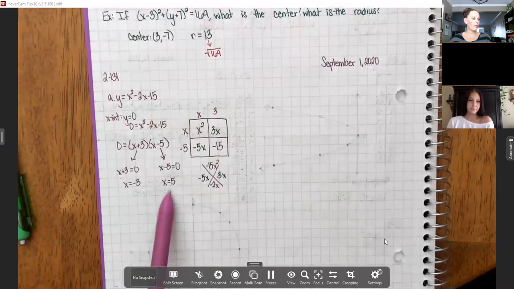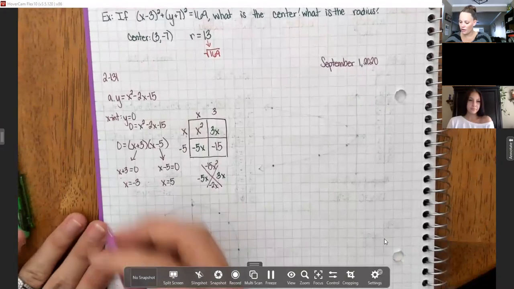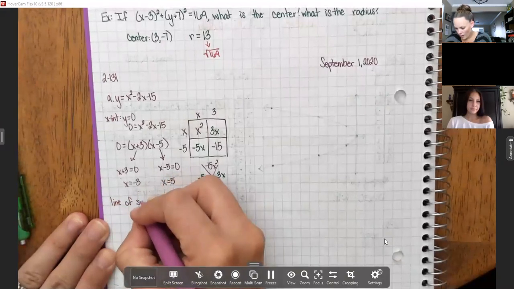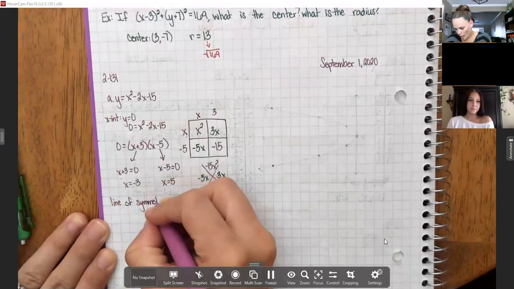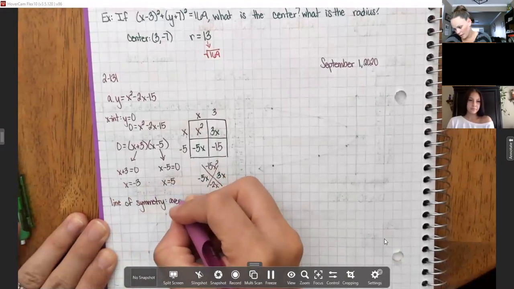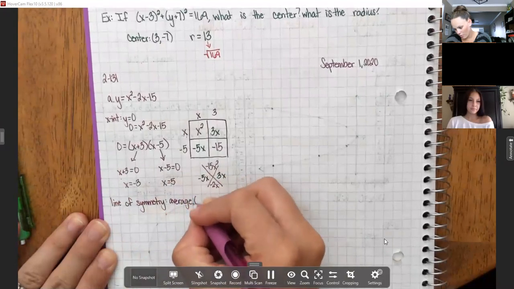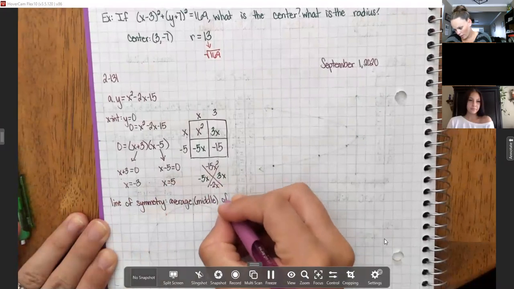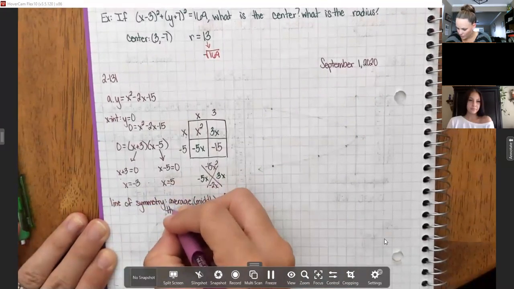And then remember the line of symmetry is the average or the middle of the x-intercepts.